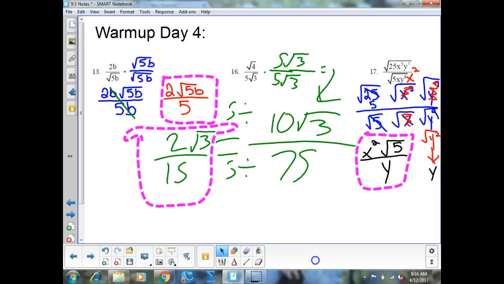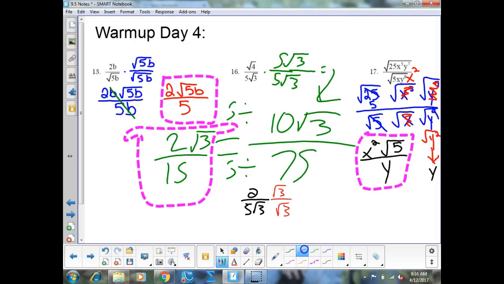Now, I'm going to tweak these problems just a little bit, because that's one way to do it, and that's fine. Number 15, I'm good with. That's how I would have done it too. Number 16, first what I would have done is said, well, that's 2 on top, and 5 square roots of 3 on the bottom. So I would have just multiplied by the square root of 3 over the square root of 3.